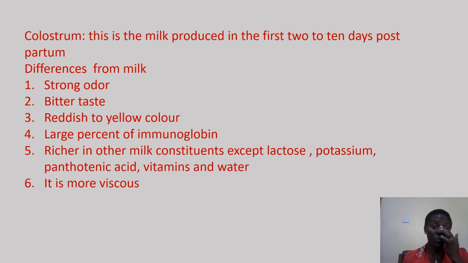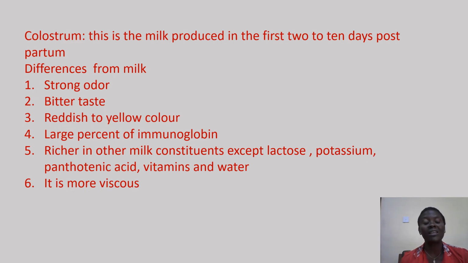Colostrum is different from the milk that is usually obtained as commercial milk. It has a very strong odor. It's bitter in taste. Also, in terms of color, it is reddish to yellow, and this may be a result of high vitamin A content.